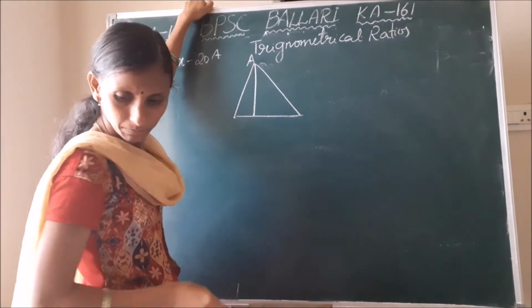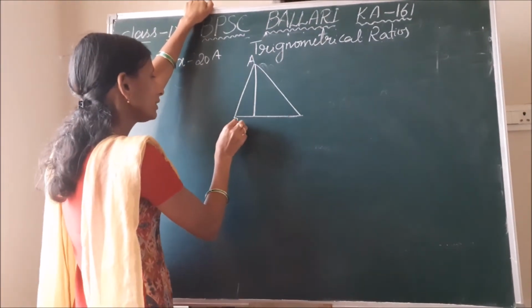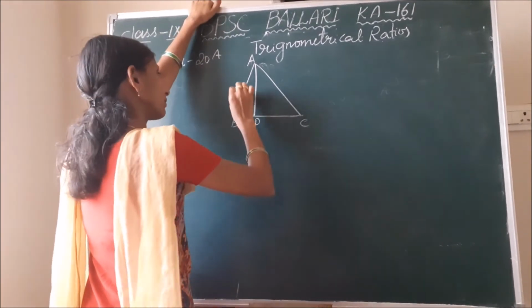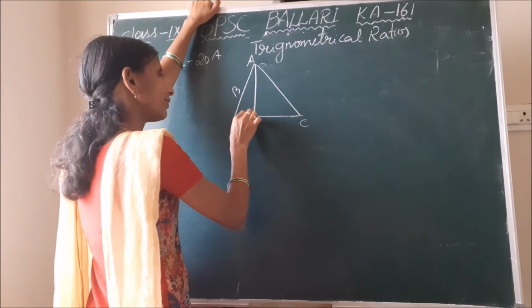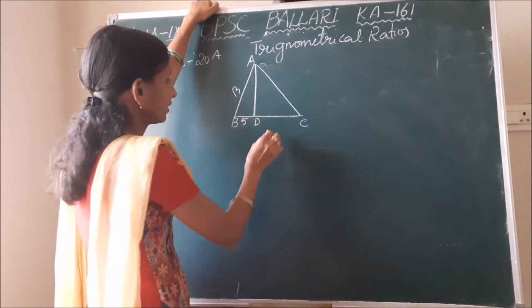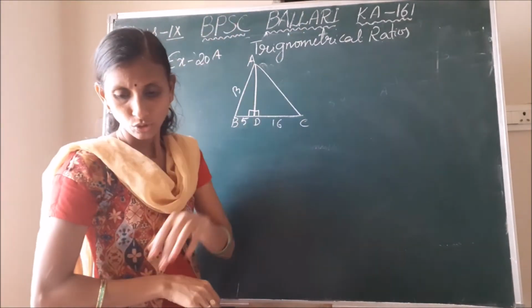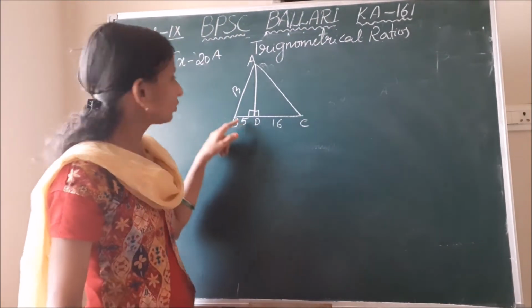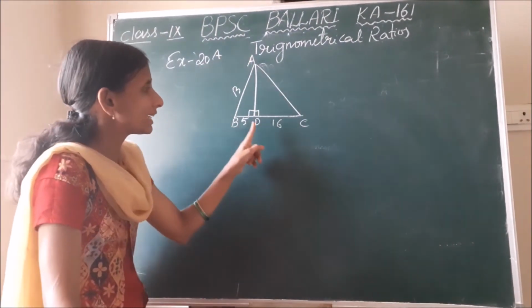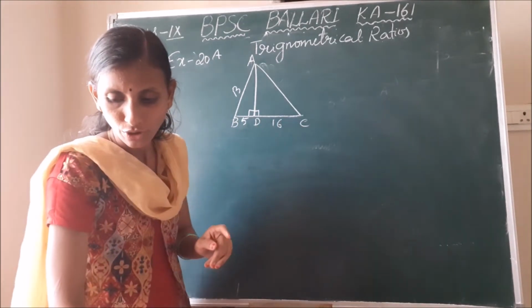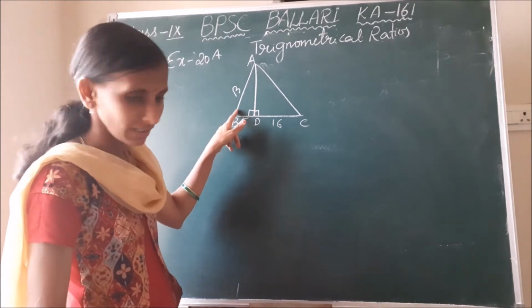This is A, B, D, C, 13, 5, 16. So here they have given you AB, BD and DC. You have to find the value of sin B.